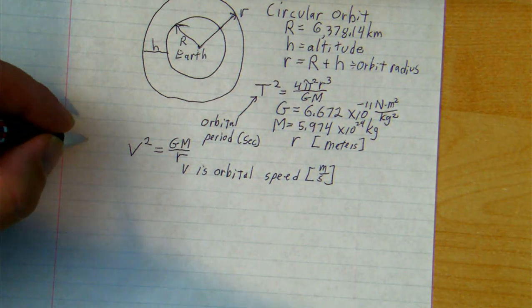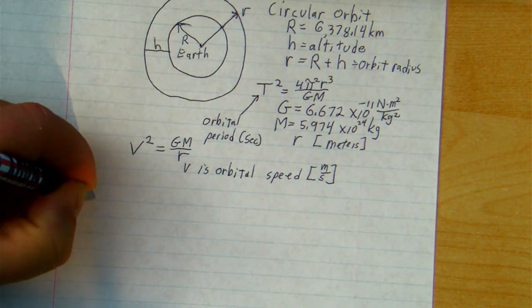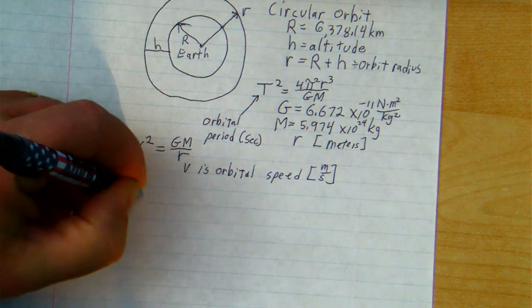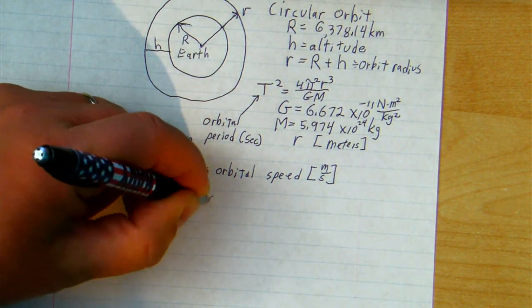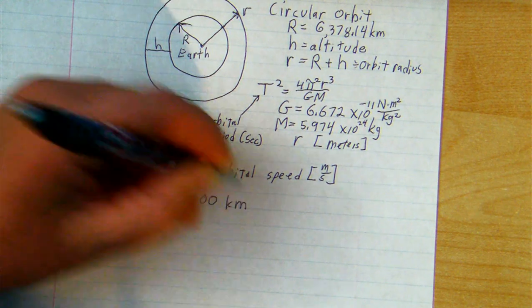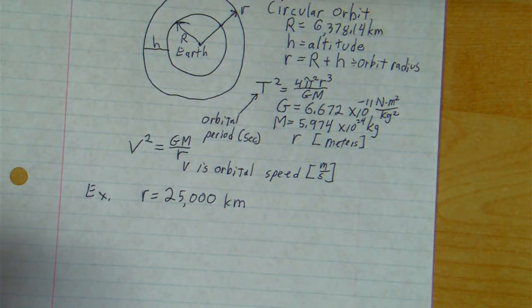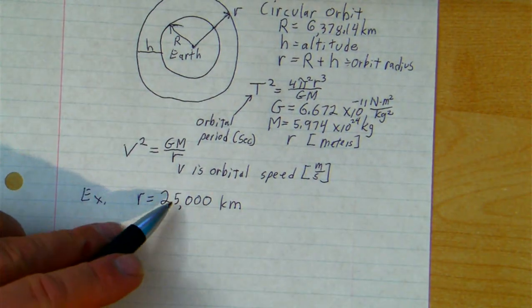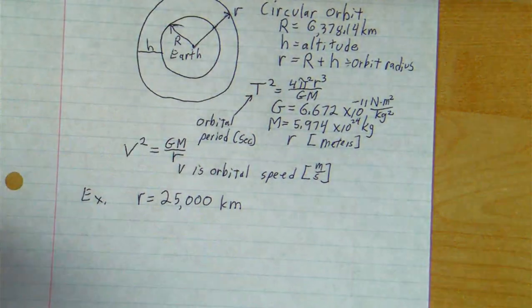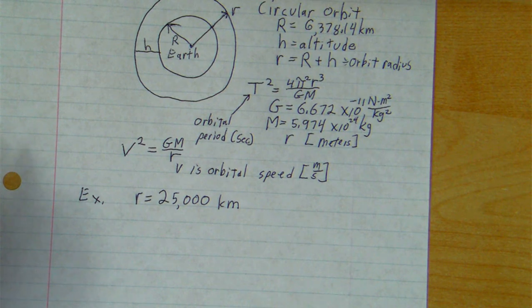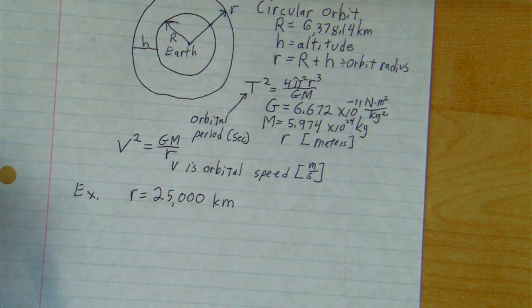Okay, so I just asked my students for an example problem, and they suggested an orbital radius of 25,000 kilometers. So I can tell you this is pretty far out from the Earth. The Earth is only 6,300, 6,400 kilometers in radius. So this is significantly up there in space.